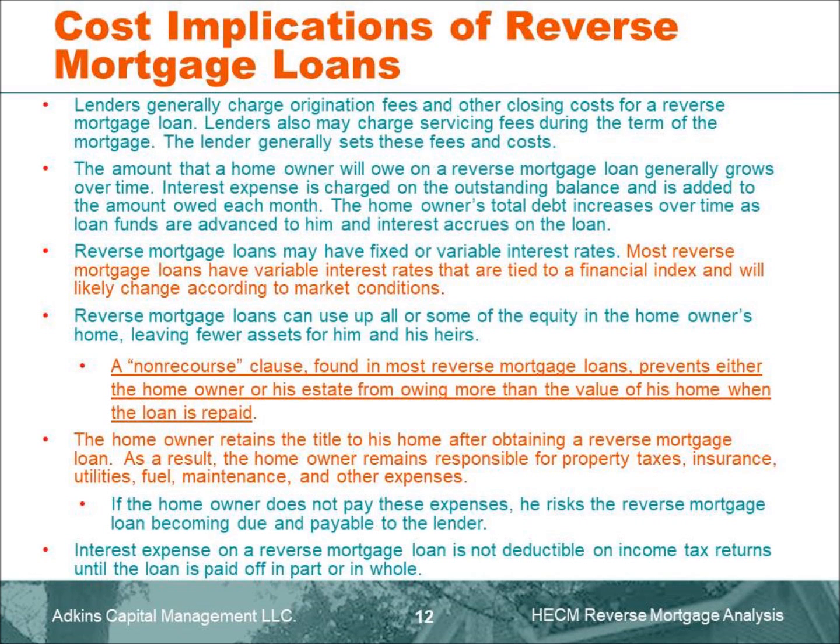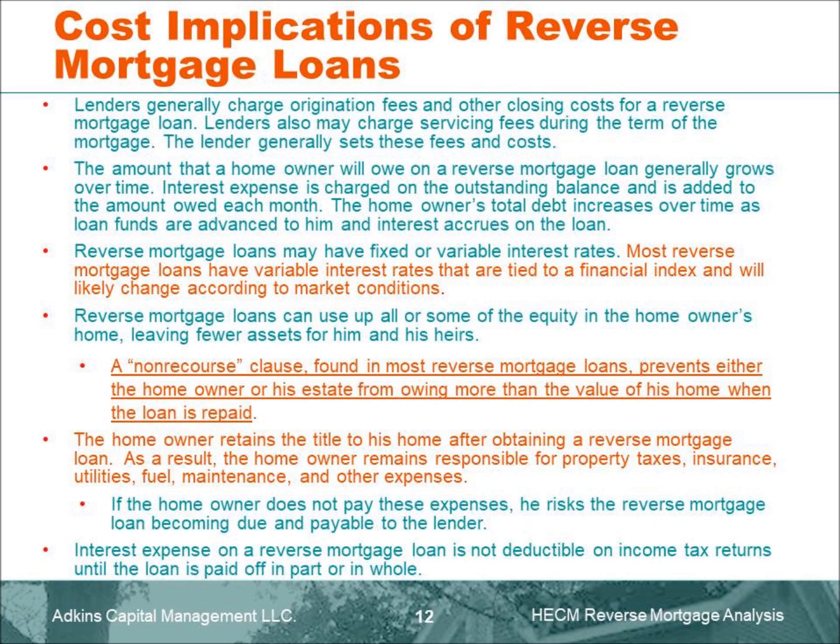The cost implications of reverse mortgage loans are comprehensive. Lenders generally charge origination fees and other closing costs for a reverse mortgage loan. Lenders also may charge servicing fees during the term of the mortgage. The lender generally sets these fees and costs.